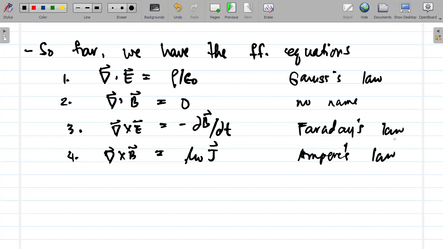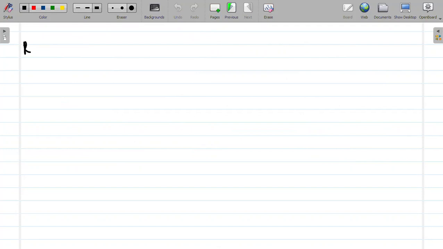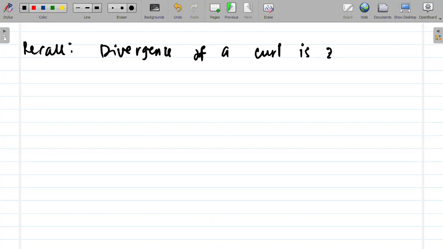Now, let us study these equations, class. Let us recall from our vector calculus that the divergence of a curl is always 0. The divergence of a curl is 0. So, let's take the divergence of the curl of some vector function v.